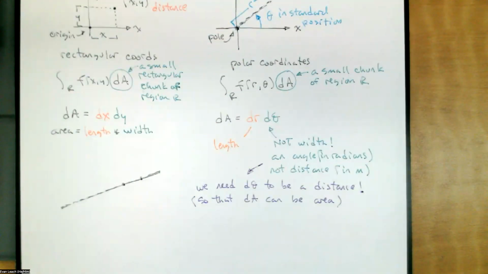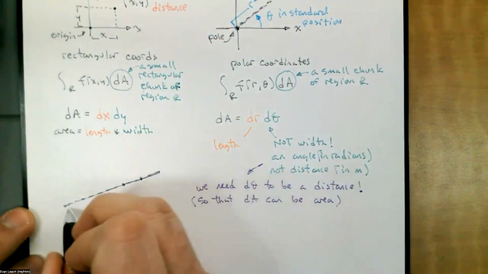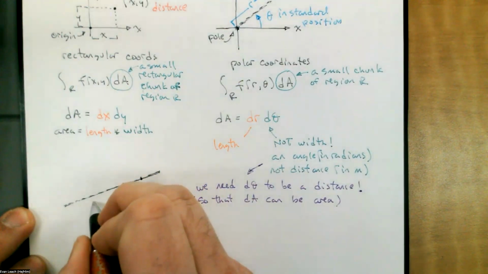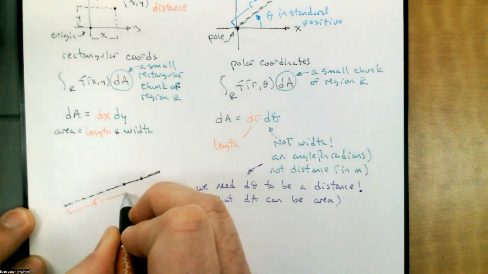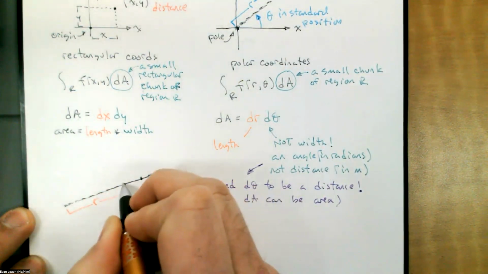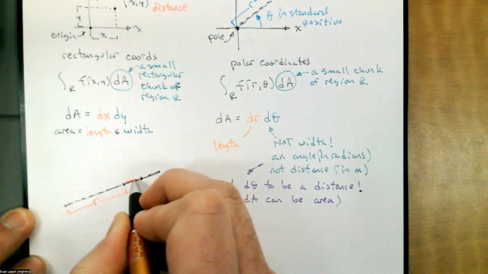So let's say I've got some point and it's at a distance r. So here's r. And then we want some small change in r.